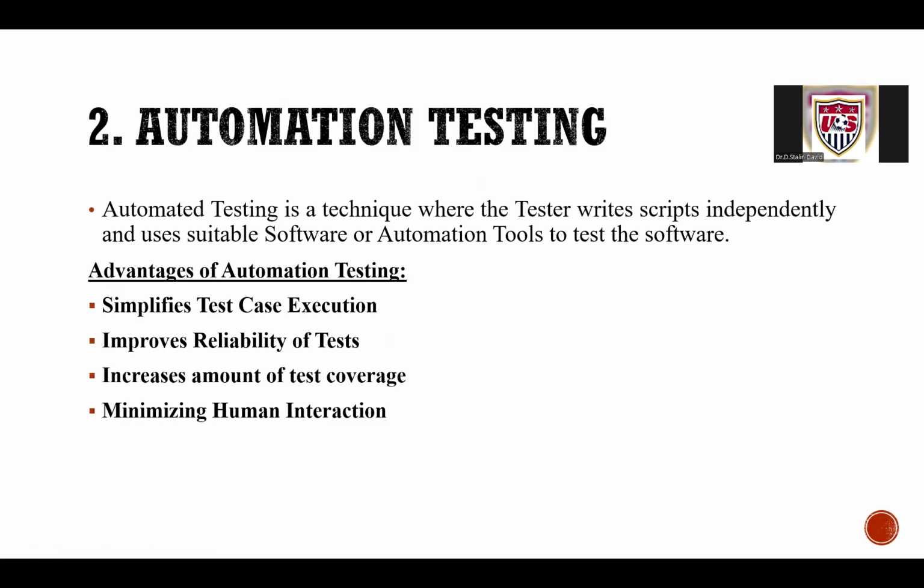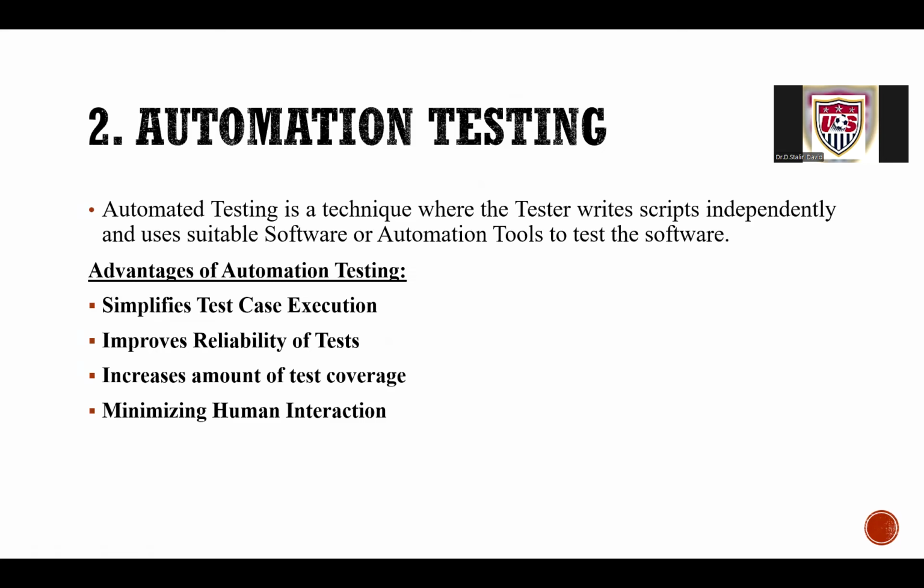Comparing manual versus automation testing, the processing time in manual testing is highly time consuming, whereas automation testing is much faster. In resource requirements, manual testing takes only human resources, but automation testing requires automation tools and trained employees.